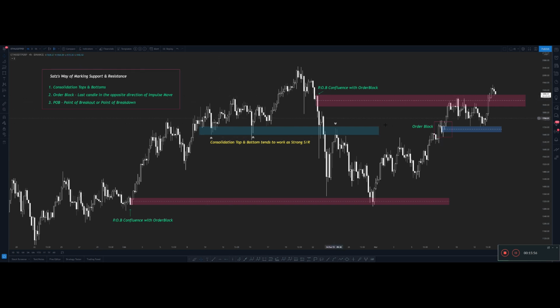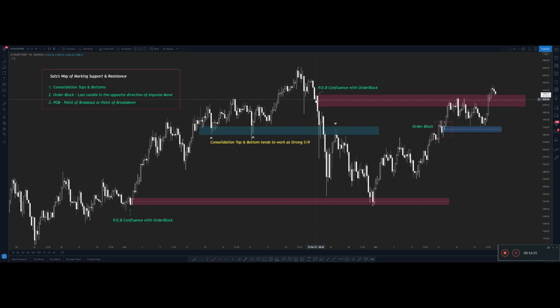The second one is order block. As I mentioned, an order block is the last candle in the opposite direction of an impulse move. So this was the last candle of the opposite direction of an impulse move. And the third one is point of breakout or point of breakdown, POBs. So this was the point of breakout after a consolidation where the market really starts breaking out or breaking down. That confluencing with the order block tends to work as very strong support and resistance.